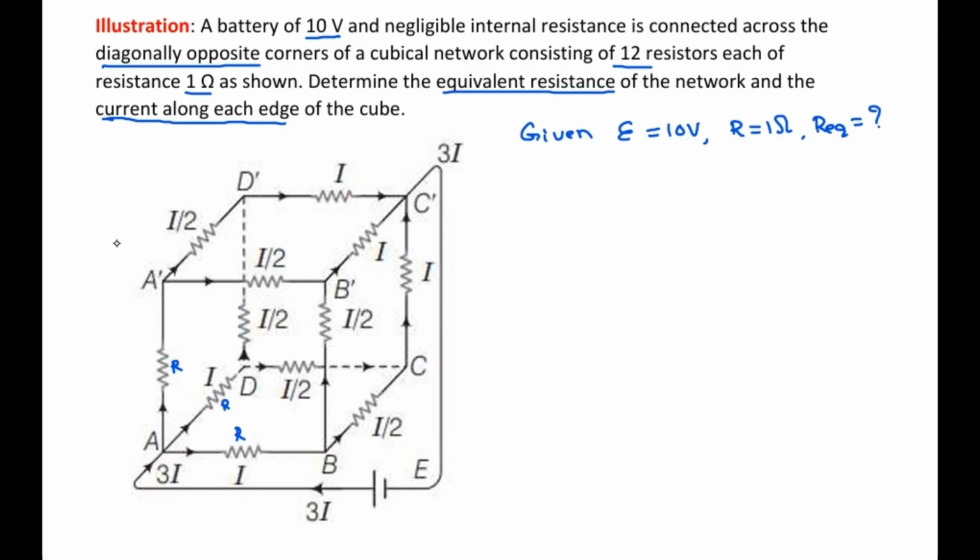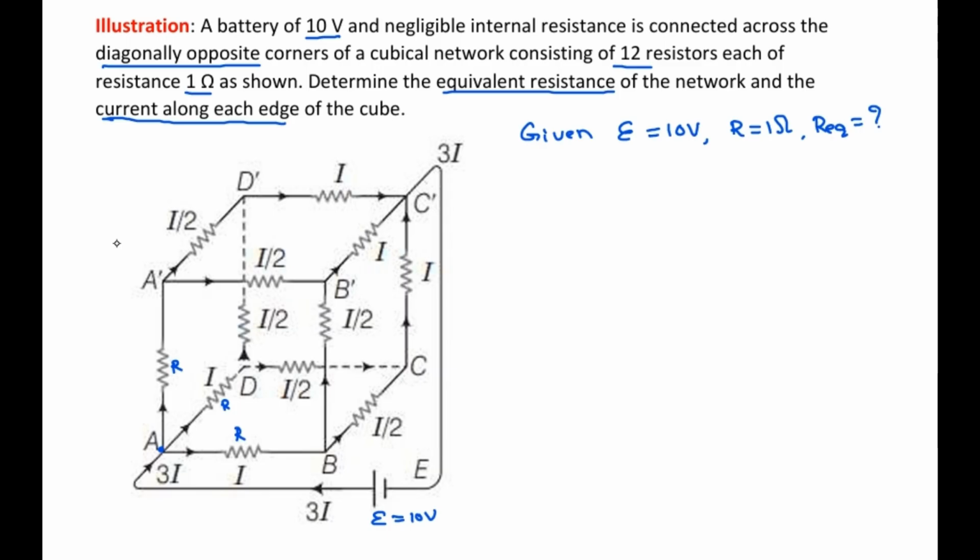Now, from this cell of EMF E, 3I current is released. You can take 6I, 9I or I also, the choice is yours. For my convenience, I am taking 3I because at junction A, this 3I will be split into 3 equal parts.